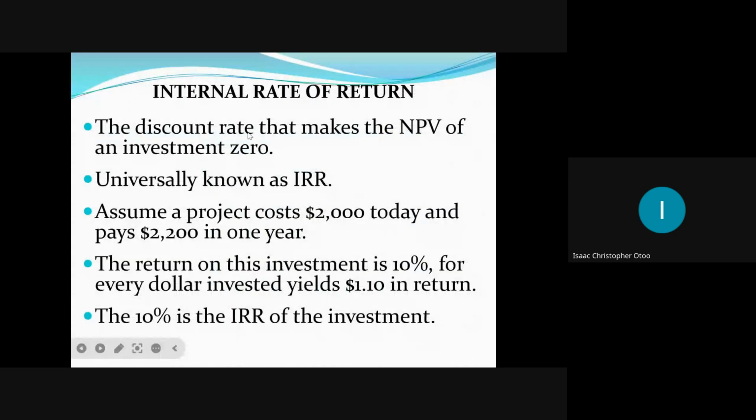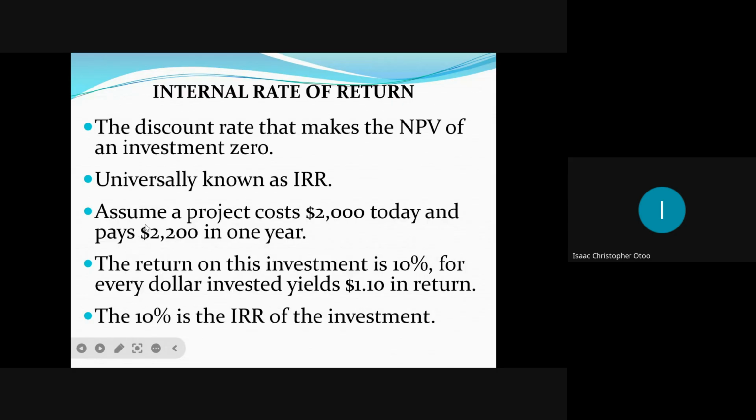The discount rate that makes the NPV of an investment 0. So calculate to get a discount rate that will make the NPV equal to 0, universally known as IRR.